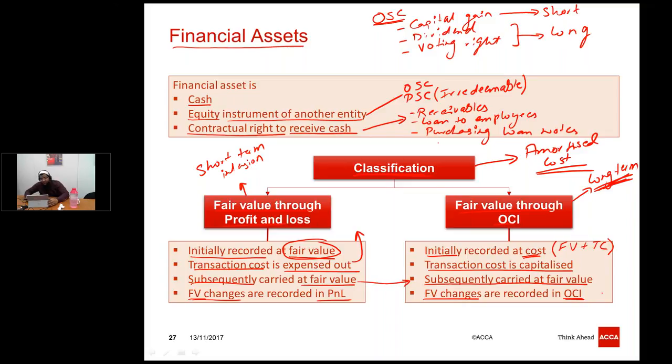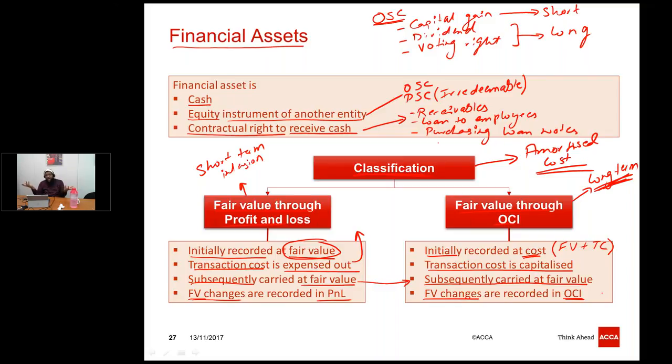Why OCI? Because if I have acquired shares with an intention to vote, and a friend calls me and says, hey, the share price has decreased. What would I say?